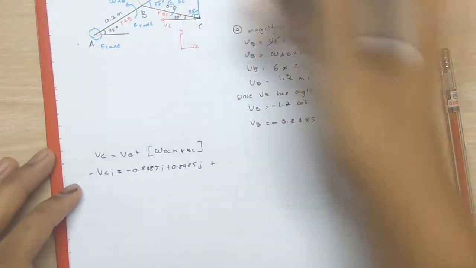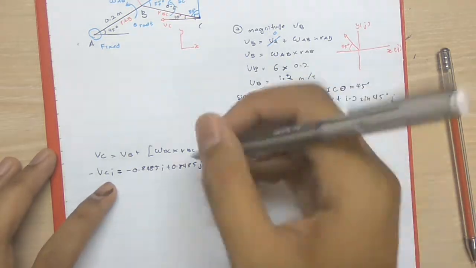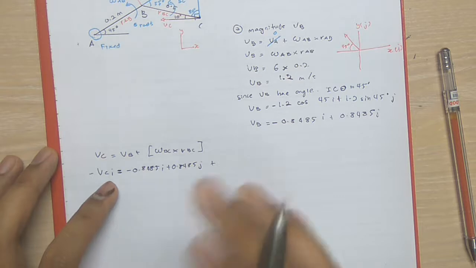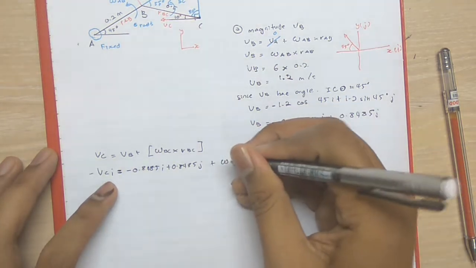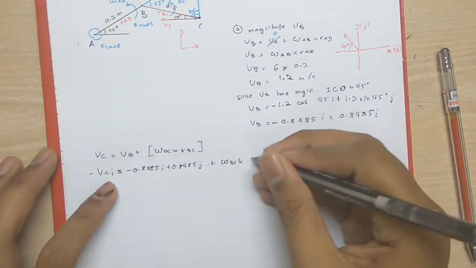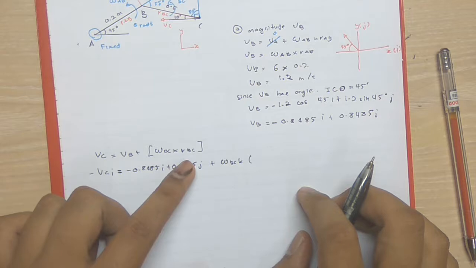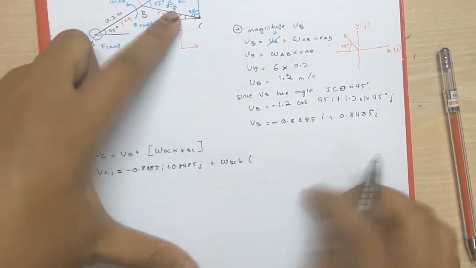Omega is in the z axis, that means omega BC k, times RBC. RBC is 0.5.